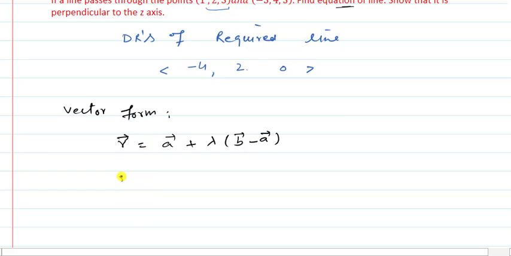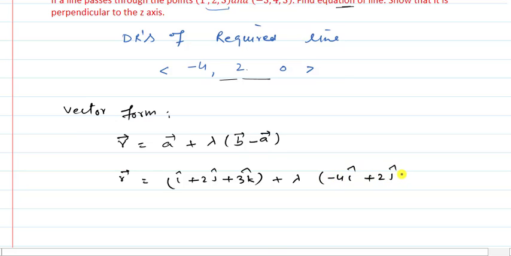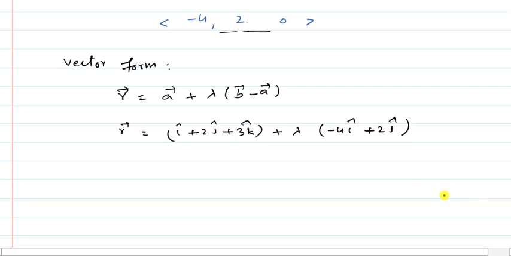So r is equal to i cap plus 2j cap plus 3k cap. This I have taken from here, the position vector of the passing point, and b minus a that we have calculated is minus 4 i cap plus 2 j cap plus 0 k cap, and no need to write this 0 k cap. So this is the equation of the line in vector form.